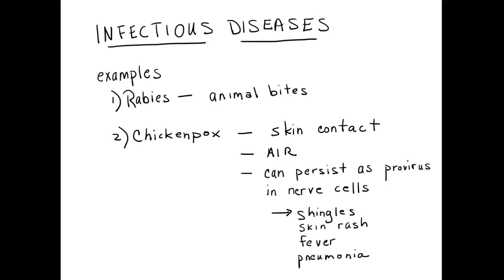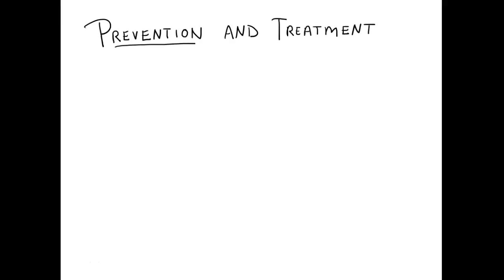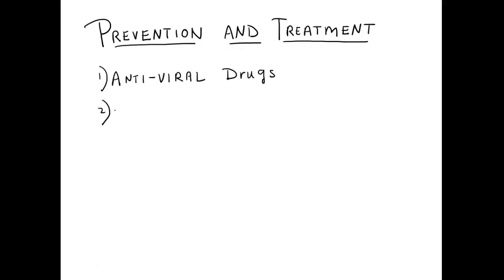And so those of us who had the chickenpox a long time ago, I myself am one, have gone out and gotten the shingles vaccine so that we don't get this virus coming back through our nerve cells and infecting us once again. And then let's look at the prevention and treatment of viruses. For one thing, you have antiviral agents or antiviral drugs.